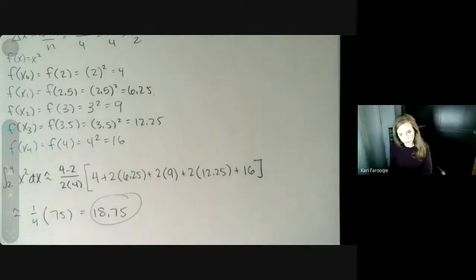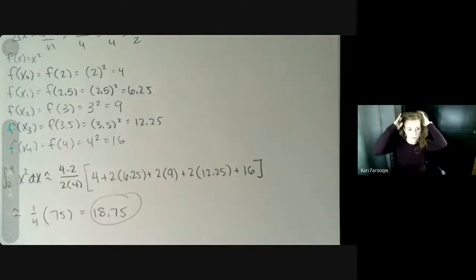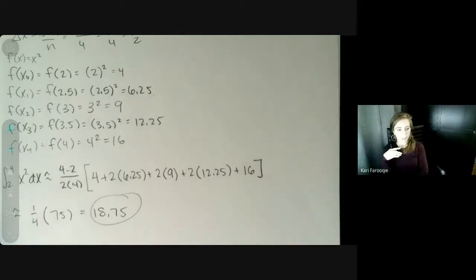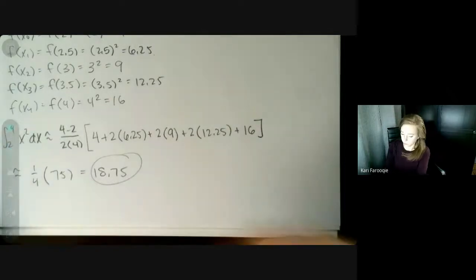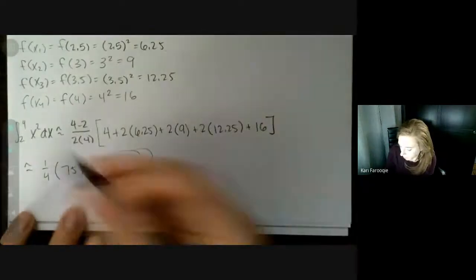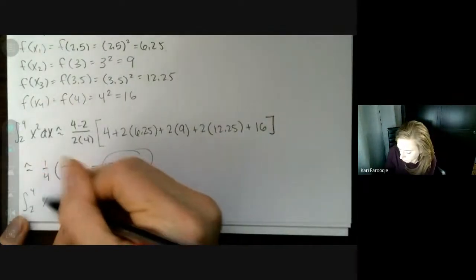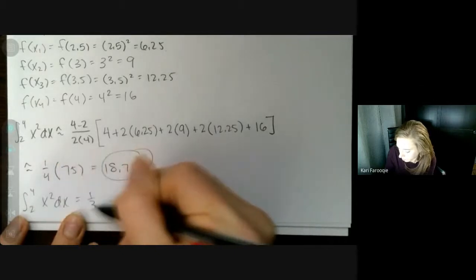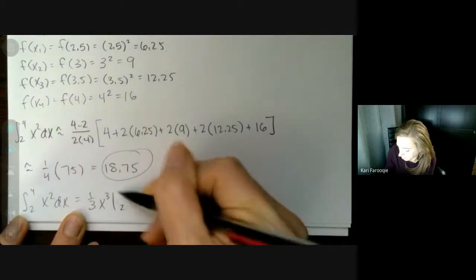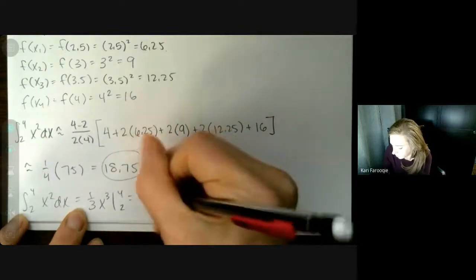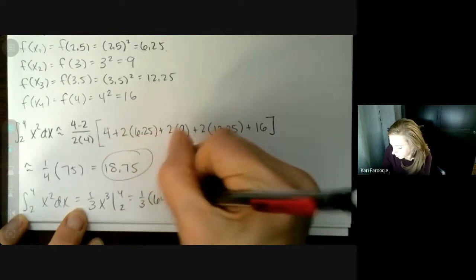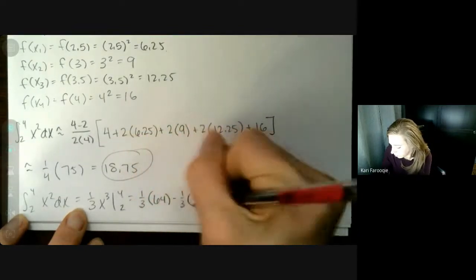Questions about the approximation first? So for this example, I gave you a function where you could already integrate it. You're going from 2 to 4 of x squared dx. That's 1/3 x cubed from 2 to 4. So that's 1/3 times 4 cubed is 64. 2 cubed is 8.